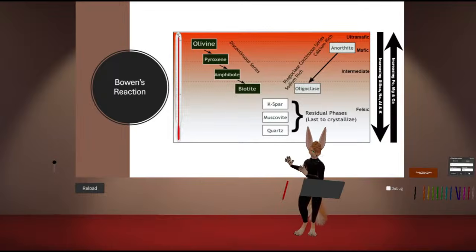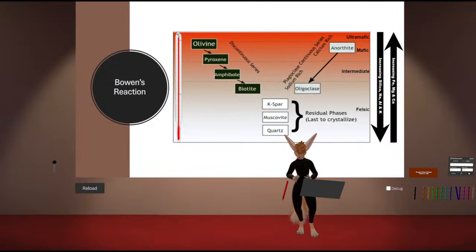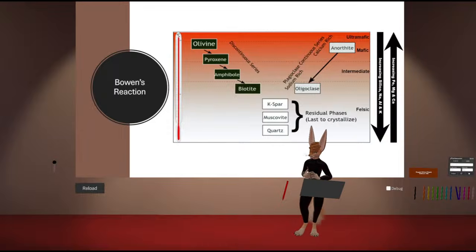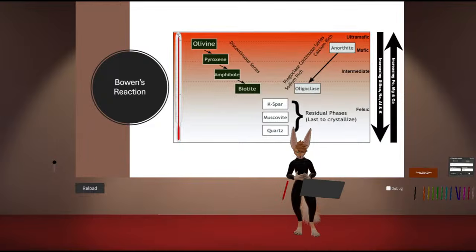The four take-home messages when it comes down to the Bowen reaction series, and basically what was described before, is that all of the minerals in the table have varying amounts of silica in them. What's important is the silica to iron magnesium ratio. That's why we're hammering that in.